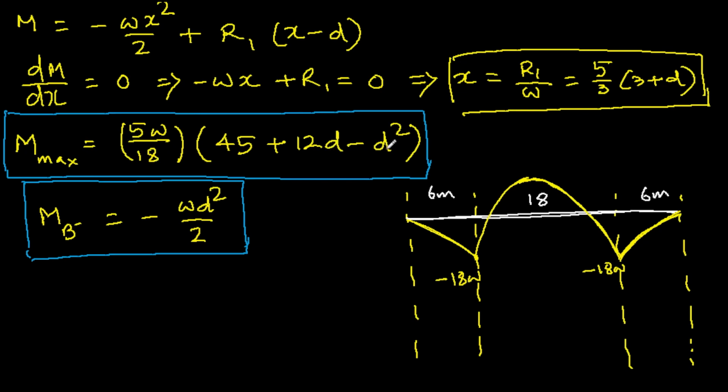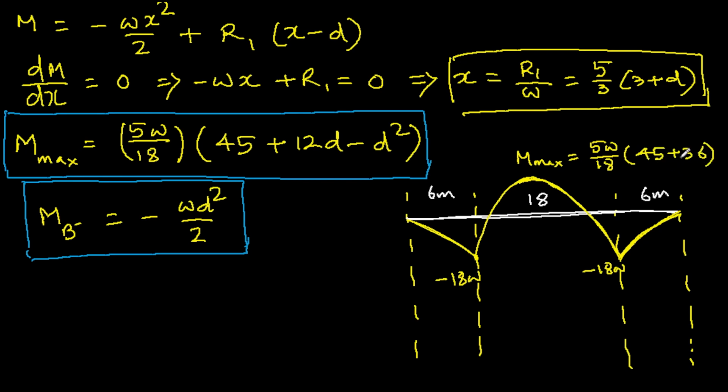So d equal to 6, if you put, it will come out to be around, I have calculated that, and okay, let's see. So this is 36, so 72, so 36, so M max here would be 5w over 18 times 45 plus 36.